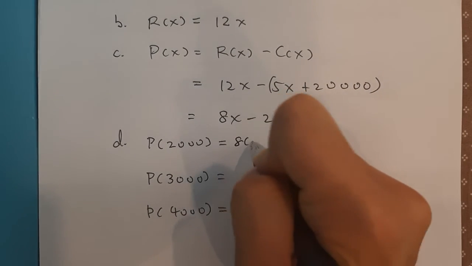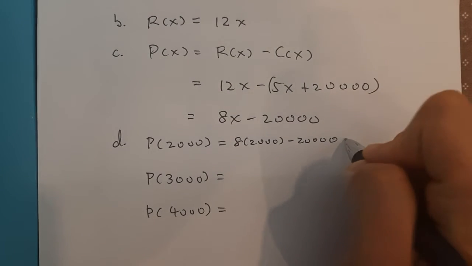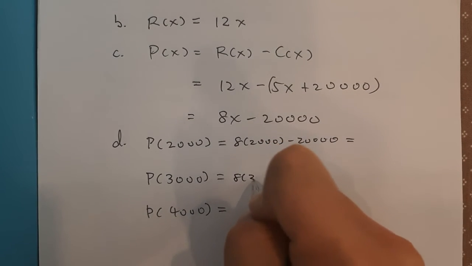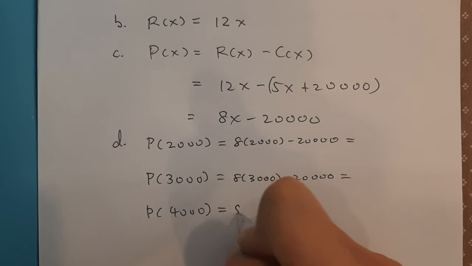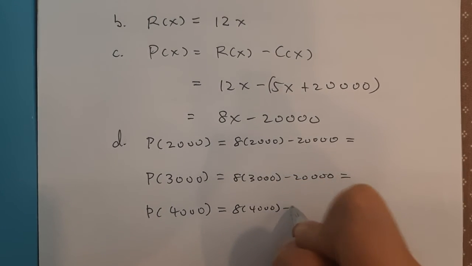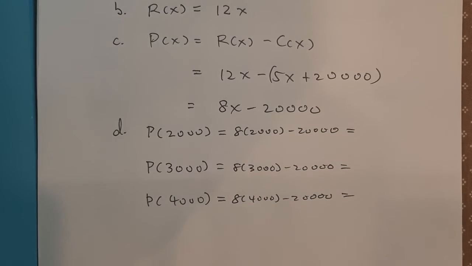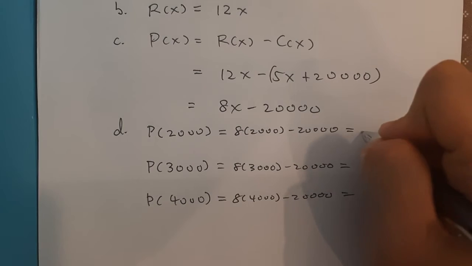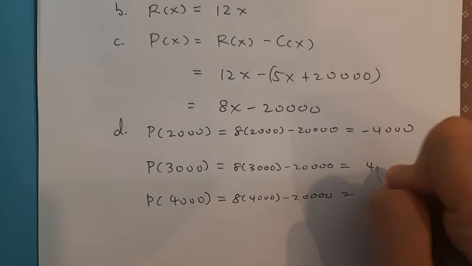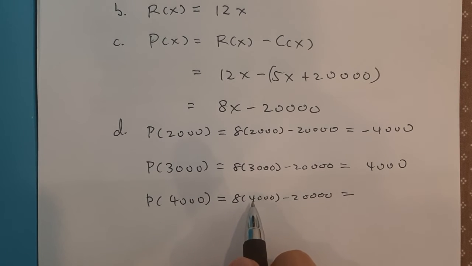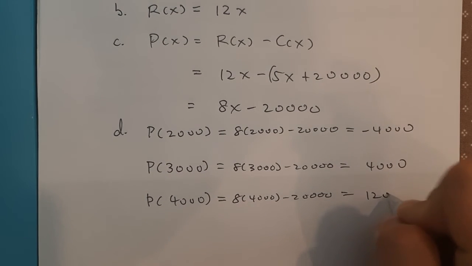We got 8 times 2,000 minus 20,000. Here we got 8 times 3,000 minus 20,000. 8 times 4,000 minus 20,000. And then you simplify it. So here we got negative 4,000. Here we have 4,000. And here we got 12,000.